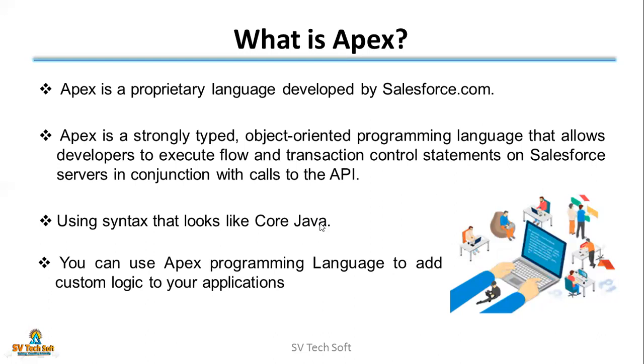Apex syntax looks like core Java. We mainly use the Apex programming language to build custom logic. Why do we go for custom logic? Whenever a requirement is not achievable through declarative tools, then only we go with coding. For that coding, we can develop by using Apex.